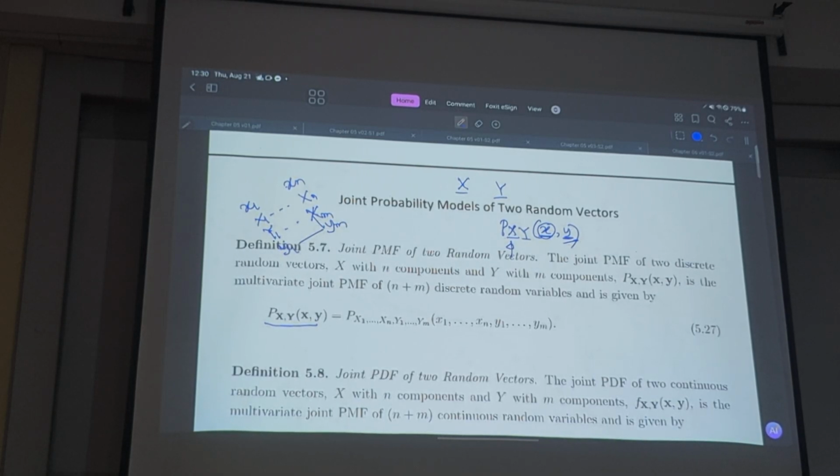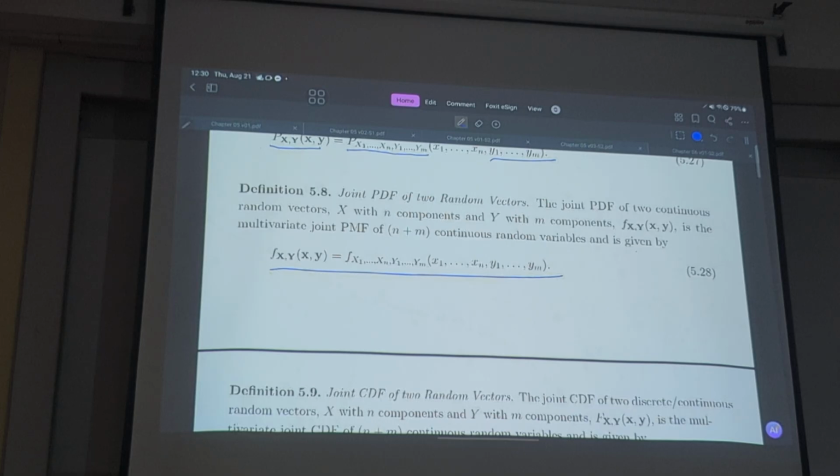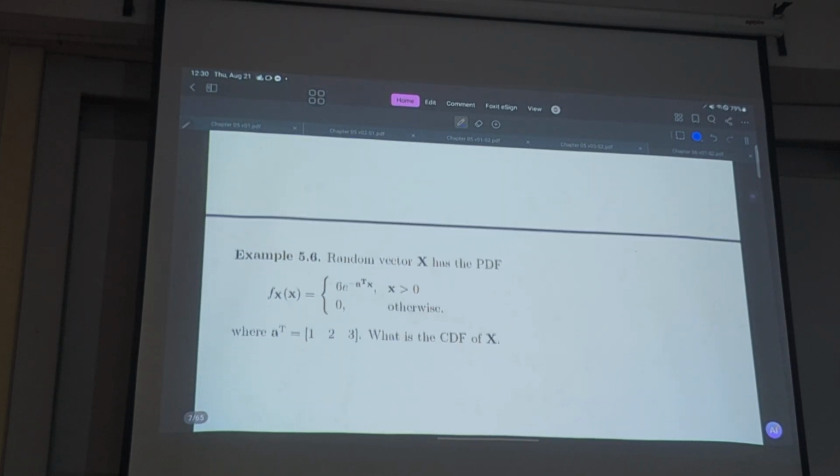Then the joint probability model of X and Y will simply be the probability model of how many random variables? That's what it is. The joint PMF of X1 to Xn, Y1 to Ym with values x1 to xn, y1 to ym. Is this clear? Similarly, the joint PDF is this one, and the joint CDF is this one, for two random vectors.